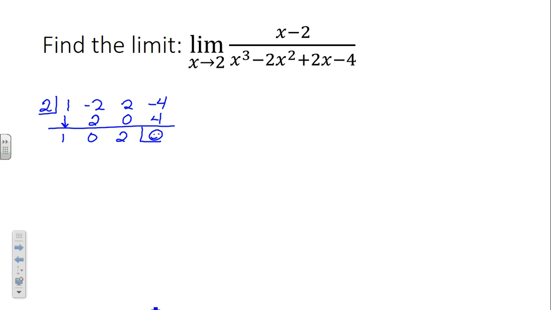Okay, so we know that x minus 2 was a factor. That remainder is a 0, right? And so that helped. Okay, so yeah, if we would have plugged a 2 in there, we would get a 0 in the denominator, and we know we have a problem.